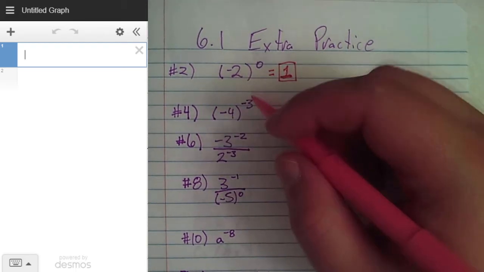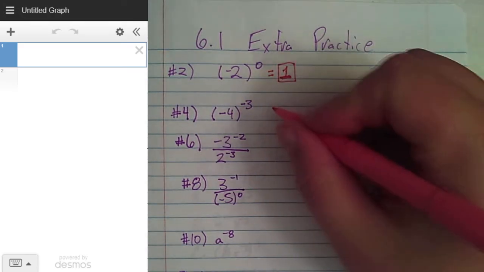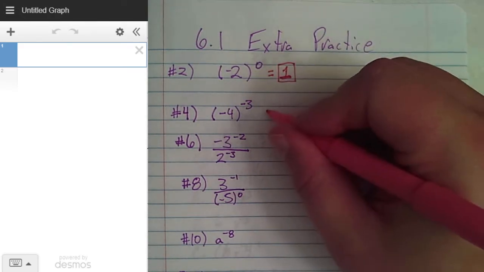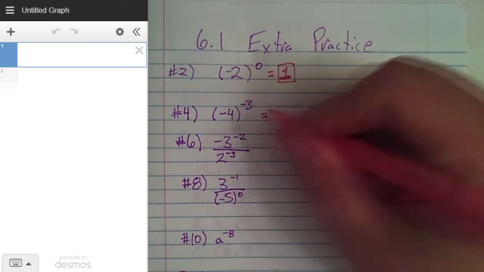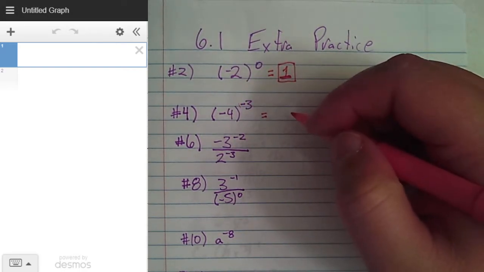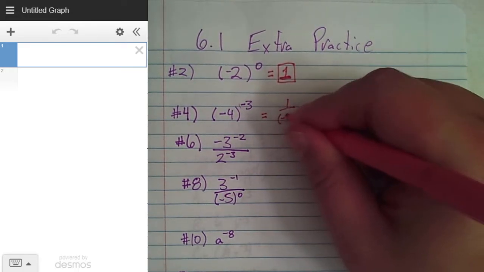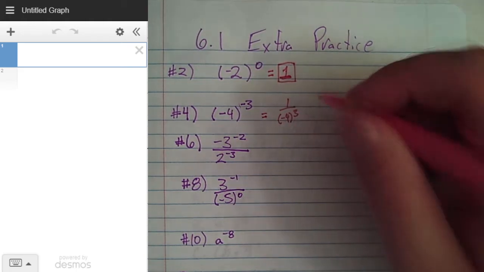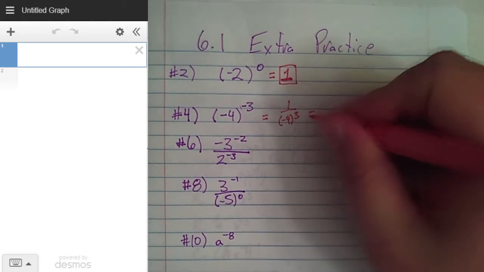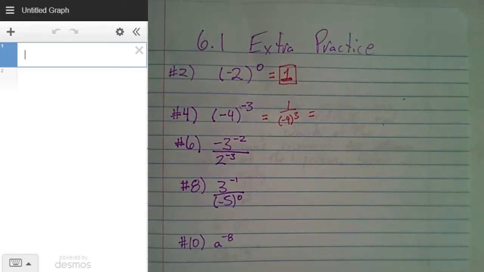For number 4, we have the quantity -4 raised to the -3rd power. What does that tell us? Well, that tells us that this -3rd power, we can rewrite as 1 over the quantity -4 to the 3rd power. Then we can take -4 multiplied together 3 times.